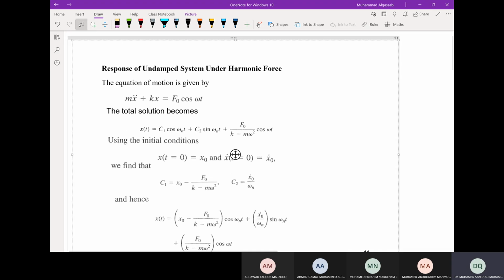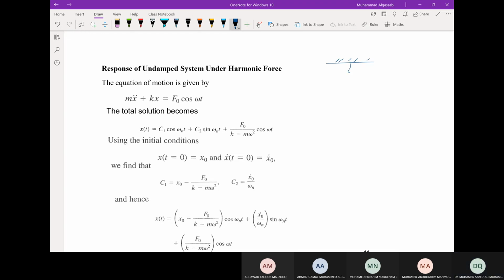I will talk in detail about the undamped system, when zeta equals 0, or when C equals 0, under harmonic excitation. So the system here is a spring-mass system subjected to a harmonic force f of t equal to f0 cosine omega t or sine omega t.